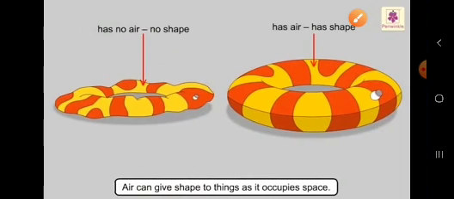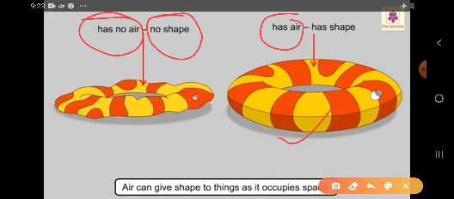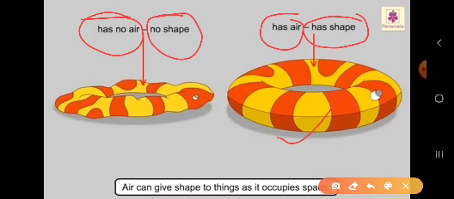Now children, characteristics of air. Here we have two tubes. First one has no air. When there is no air, it has no shape also. When you fill the air in the second one, it has air and has shape also. That means the air inside the tube has occupied the space. Occupied means the area inside the tube is covered by the air.